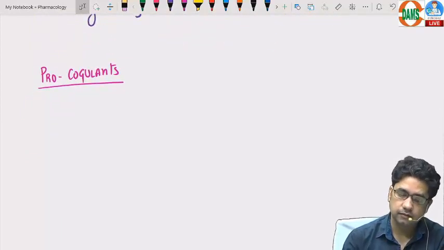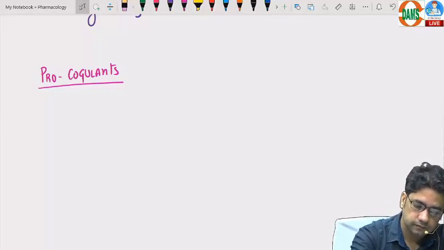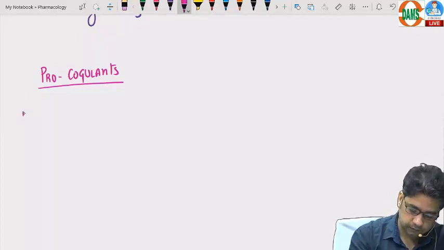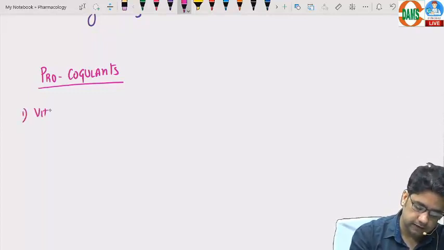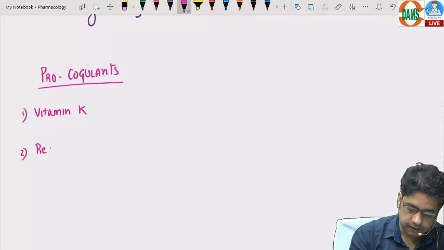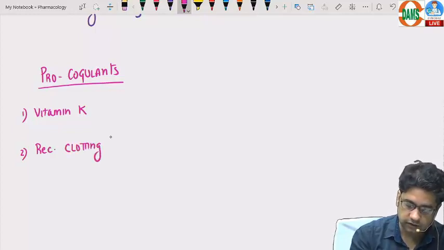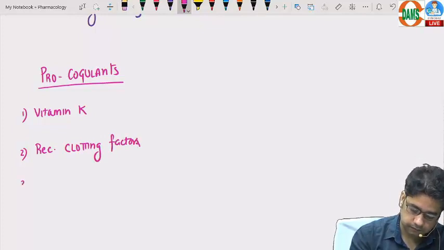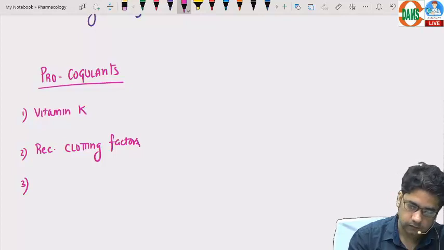First let's write the names of the drugs. Vitamin K. Recombinant clotting factors, which are given for respective deficiencies.